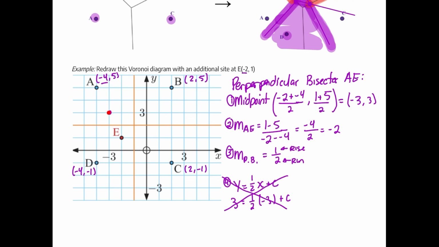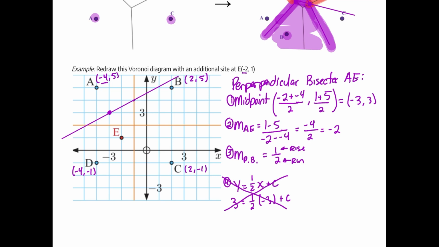Starting from my midpoint, I can use the slope and rise 1 and run 2, and that's going to give me another point on my line. Then connecting this together with a straight line, for you it's going to be using a ruler, we get that this would be the perpendicular bisector between A and E.